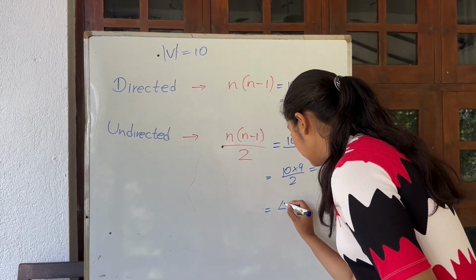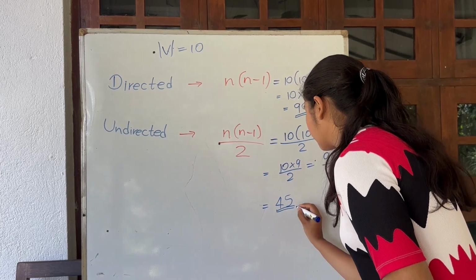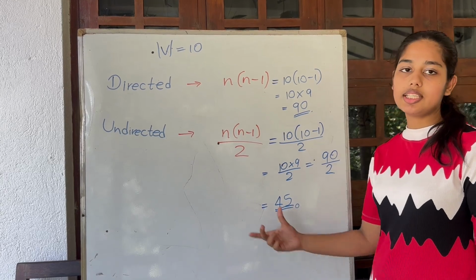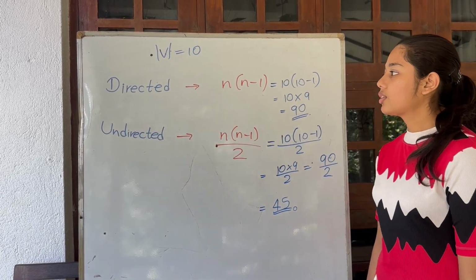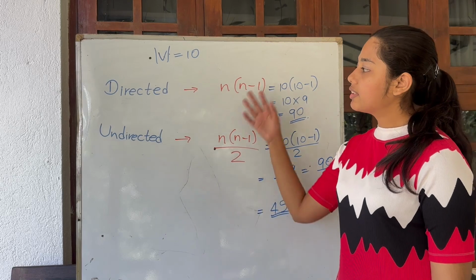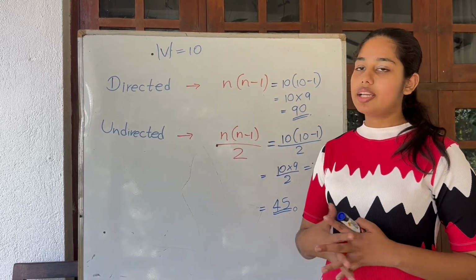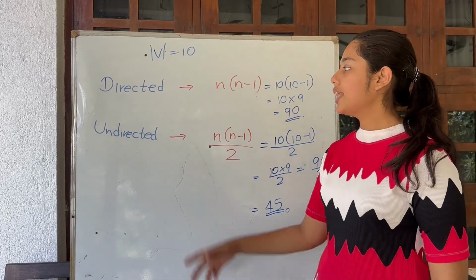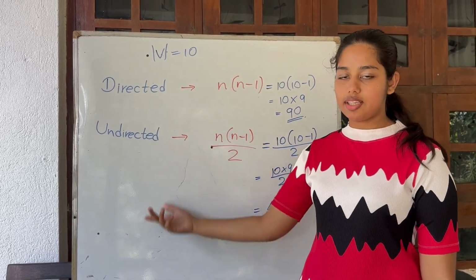The answer is 45. This is the maximum number of edges in an undirected graph. So this is how we can find the maximum number of edges in directed and undirected graphs.